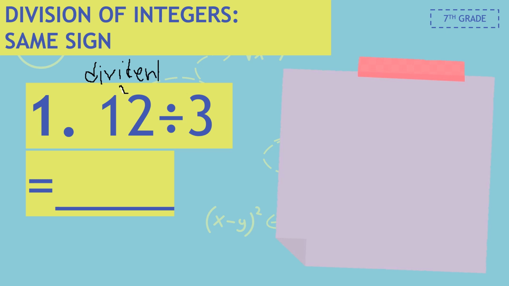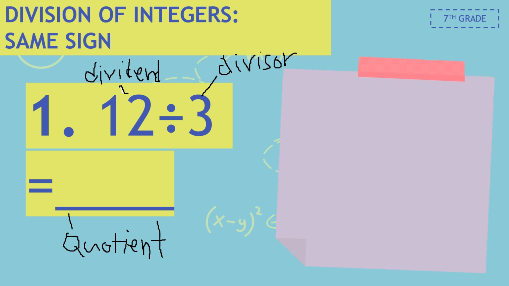And then, the second number is what we call the divisor. And then, the answer for the division is what we call the quotient. Quotient ang tawag natin sa sagot po na division.